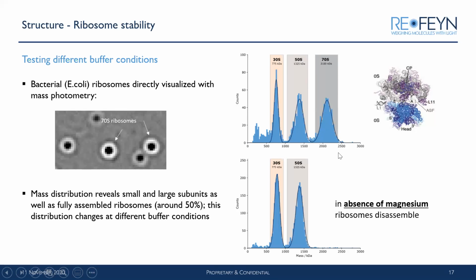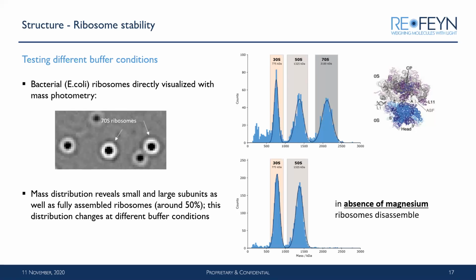You can see quite a large amount of the 70S. However, in the absence of magnesium, the ribosome disassembles into its subunits, subcomplexes, and you can basically optimize and try to study the structure at different buffer conditions.